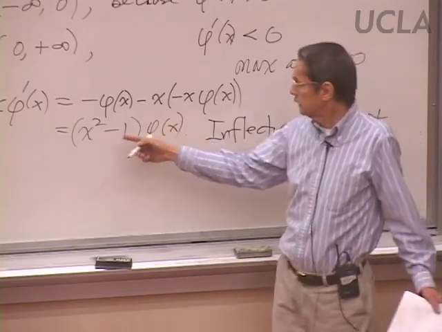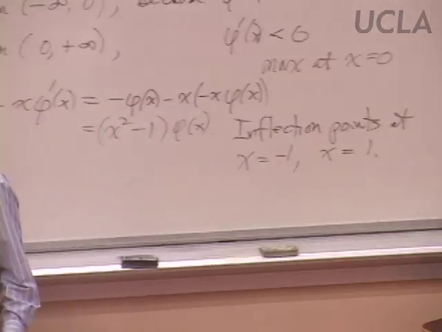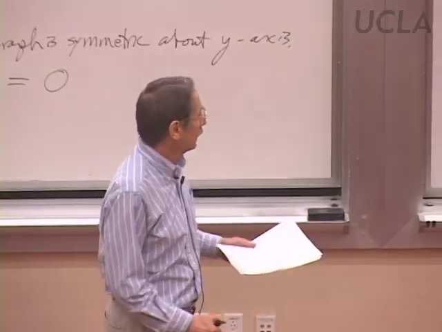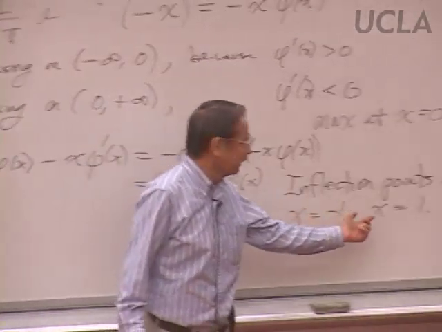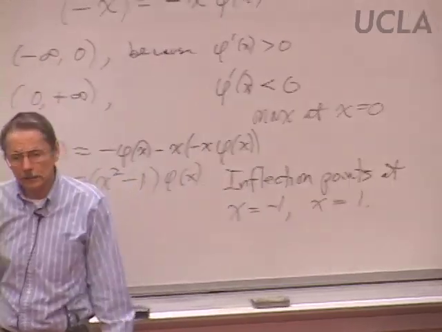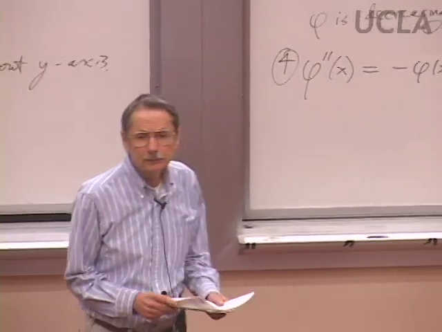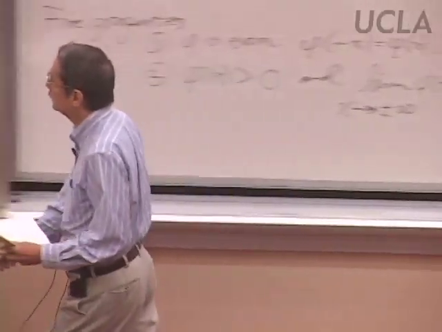Phi is always positive, but x squared minus 1 is changing sign at those two places. And it's going to be concave down between these two inflection points and concave up elsewhere. Well, that's enough information to get a pretty good idea of what the graph looks like.